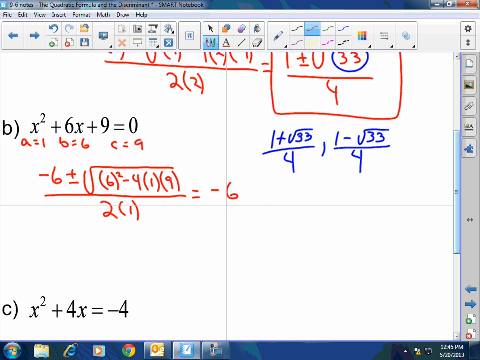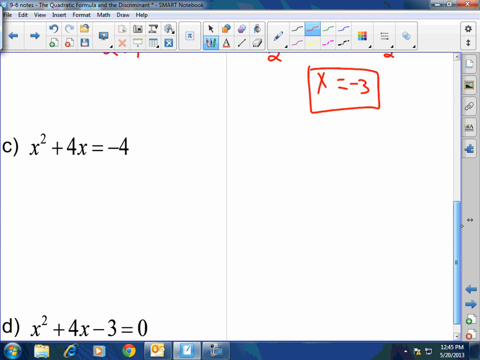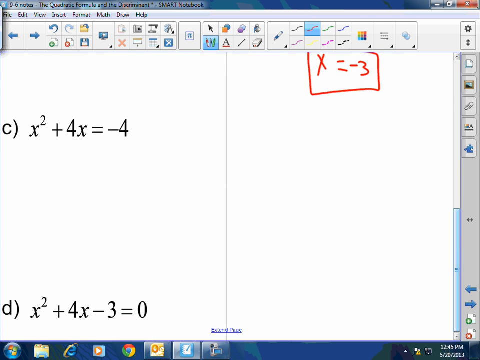In this case, it's going to give me negative 6 plus or minus the square root of 36 minus 36 over 2, which gives me negative 6 plus or minus the square root of 0 over 2. The square root of 0 is just 0, so negative 6 divided by 2, x equals negative 3. We knew that already, but that's how it works when you use the quadratic formula. You can use the quadratic formula to solve any quadratic equation or function.